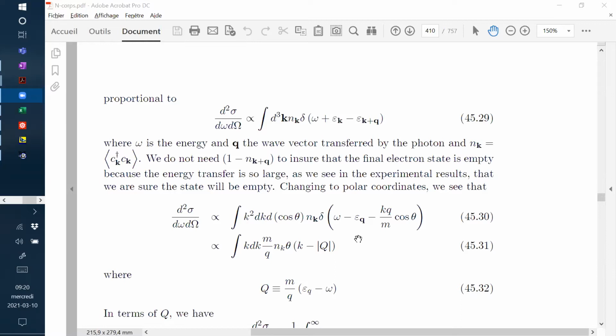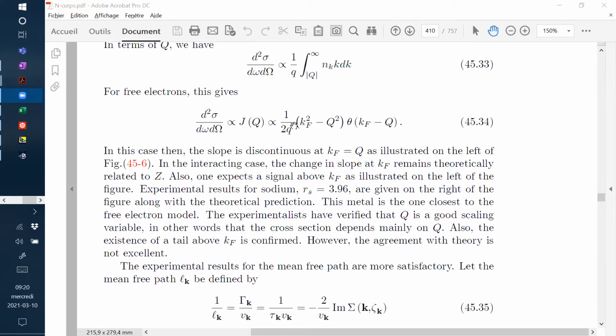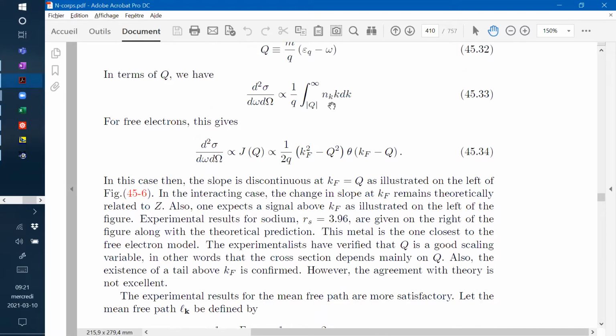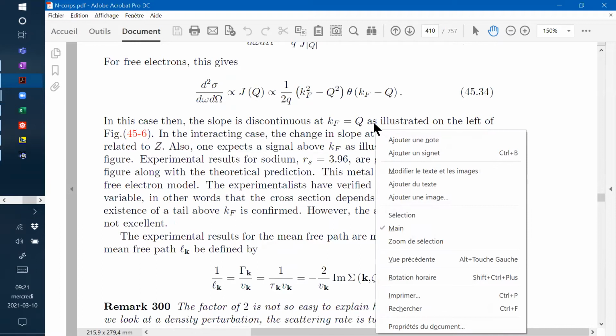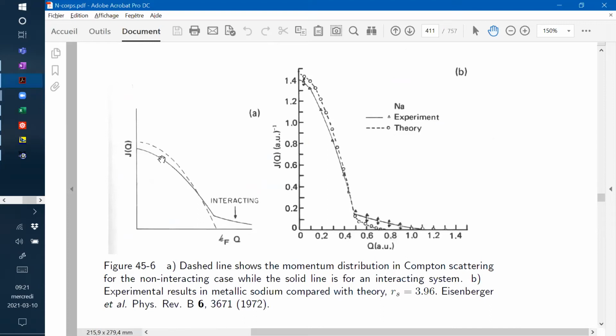And this is what I was working out here. So the final result depends on this quantity, like this. So k F squared minus q squared, and there's a theta function that comes from the fact that the integral is from q to infinity, and so this is the result for the non-interacting.